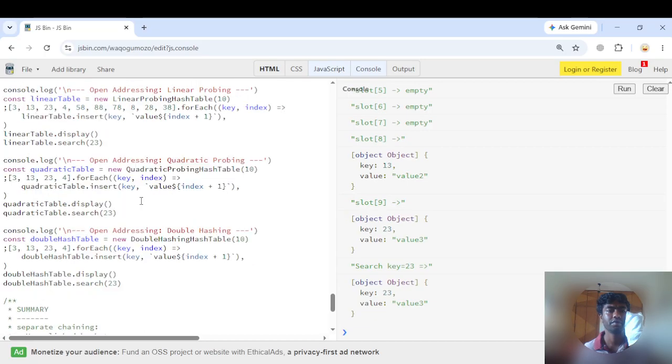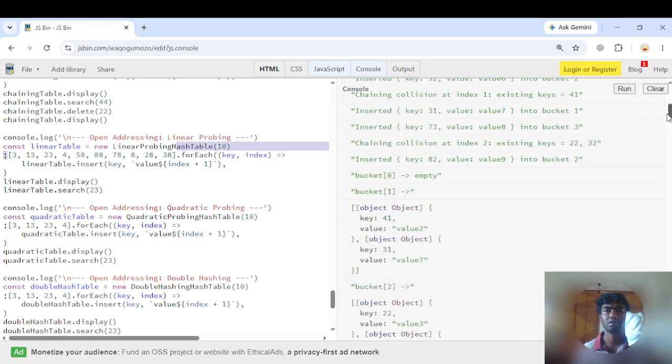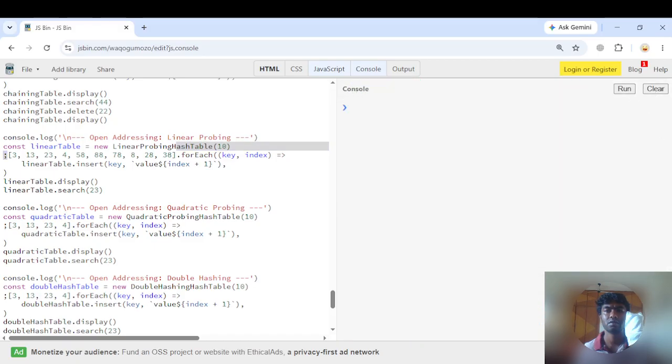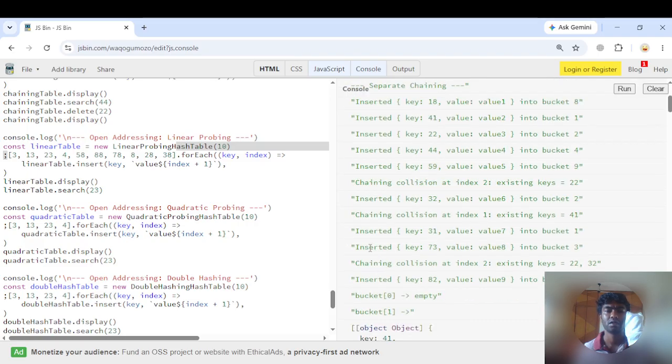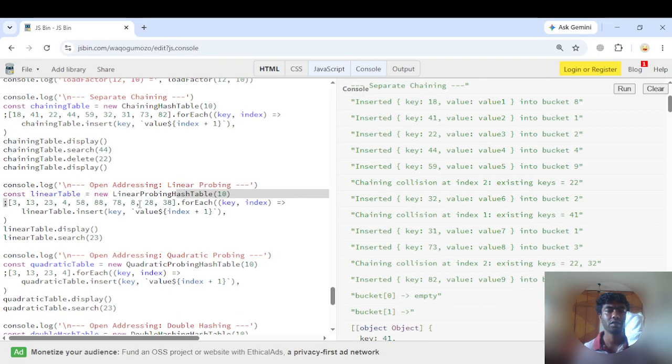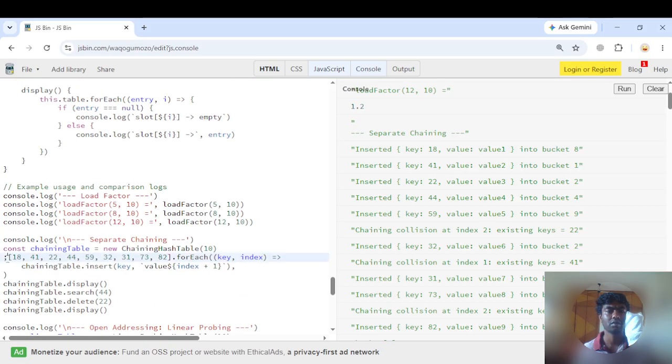here. If you see, we have these values here. So we already know that collisions occur at 3 and 23. So 18, 21.